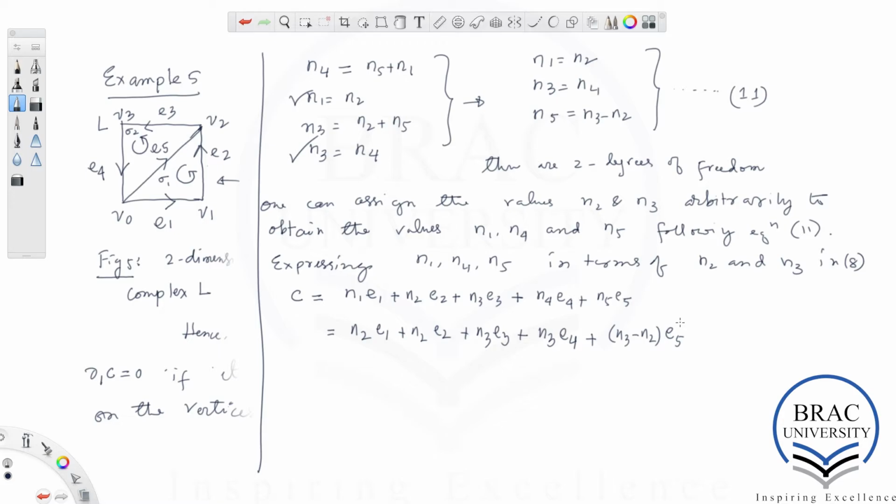So N2 is here, N2 is here too, so N2 times E1 plus E2 minus E5, plus N3 times E3 plus E4 plus E5. This is our equation number 12.